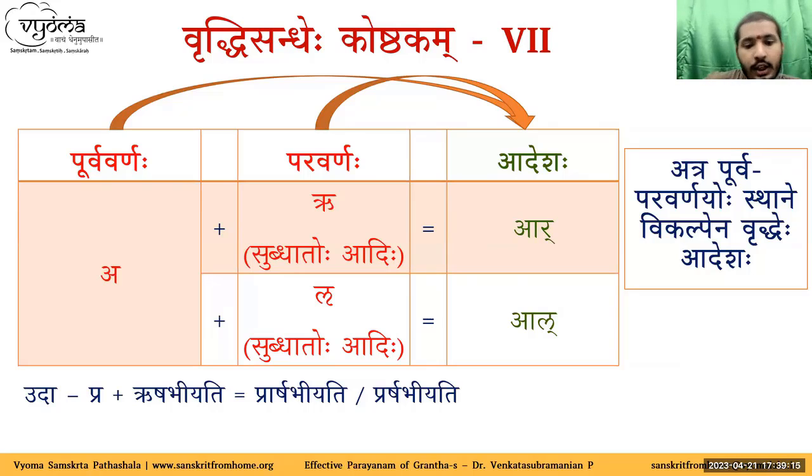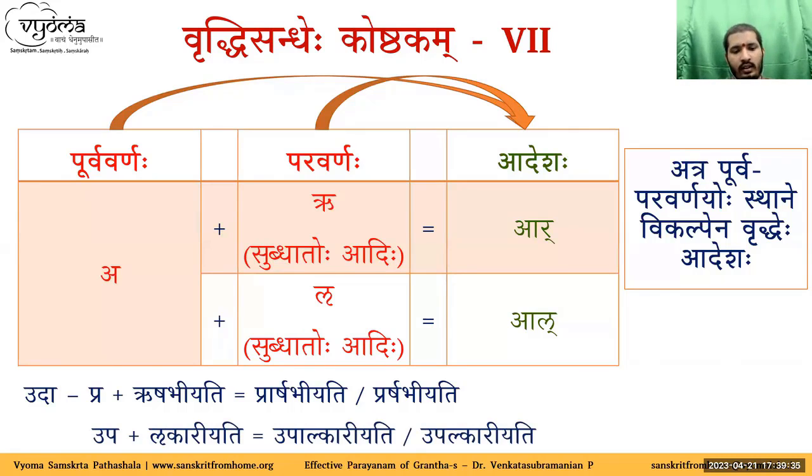If we don't want to do Vriddhisandhi, then we can do Gunasandhi also. So if we do Gunasandhi, we get the form prarshabhiyati with guna. If we do vriddhi, we get the vriddhi form.